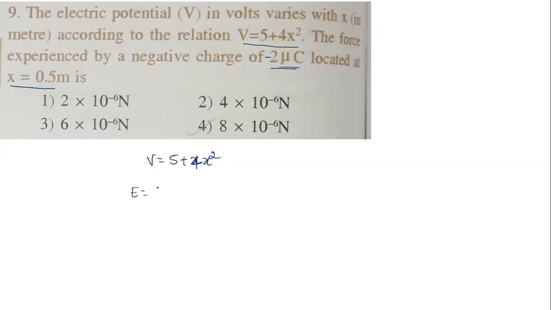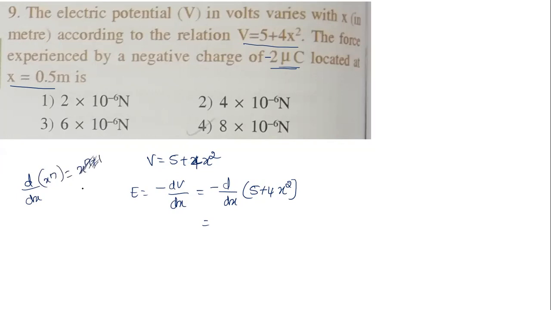Electric field, we know, is the negative potential gradient, right? So this is minus d by dx of 5 plus 4x square. Now we know the differentiation formula: d by dx of x power n is given by x power n plus 1.